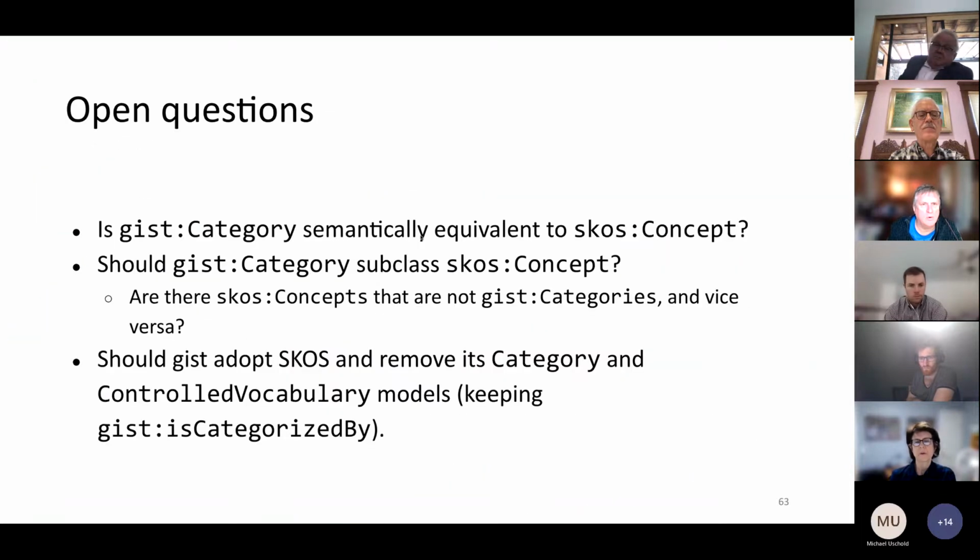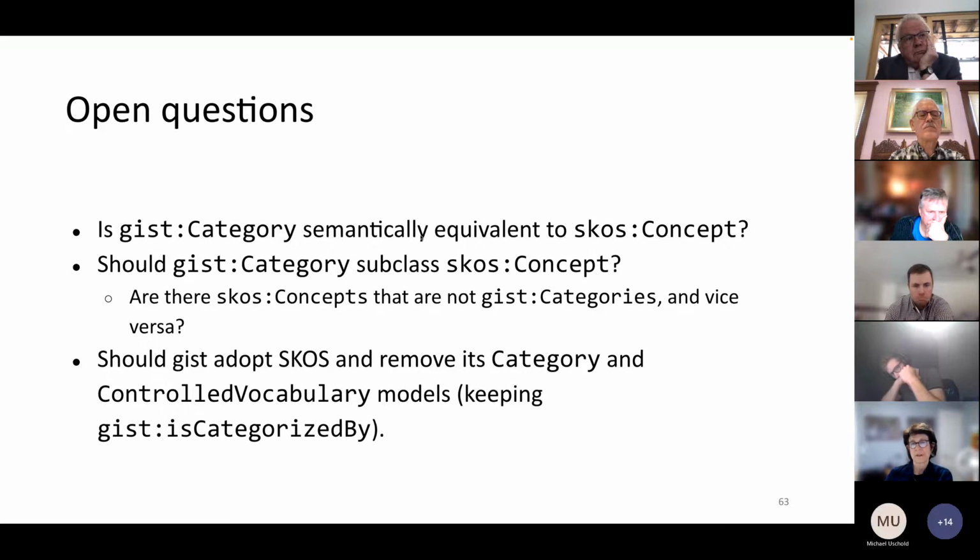Okay, so the open questions are: is just category semantically equivalent to SKOS concept? Should it subclass SKOS concept? That is, are there SKOS concepts that are not just categories and vice versa?